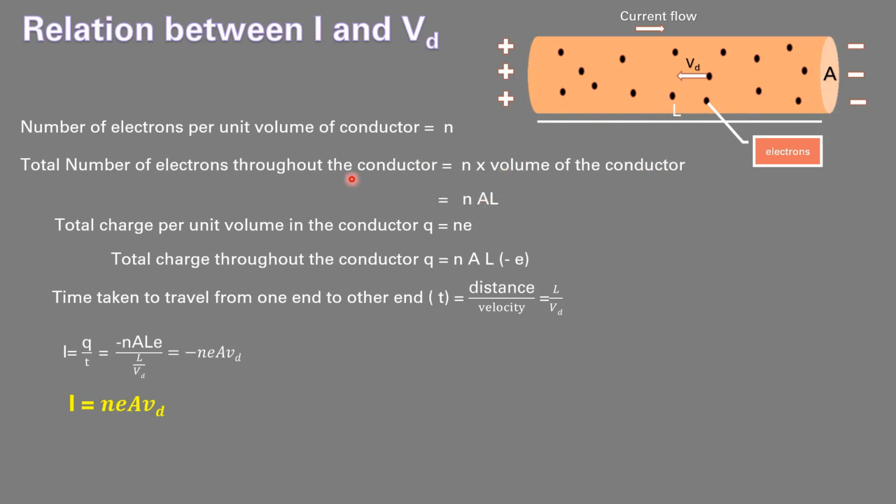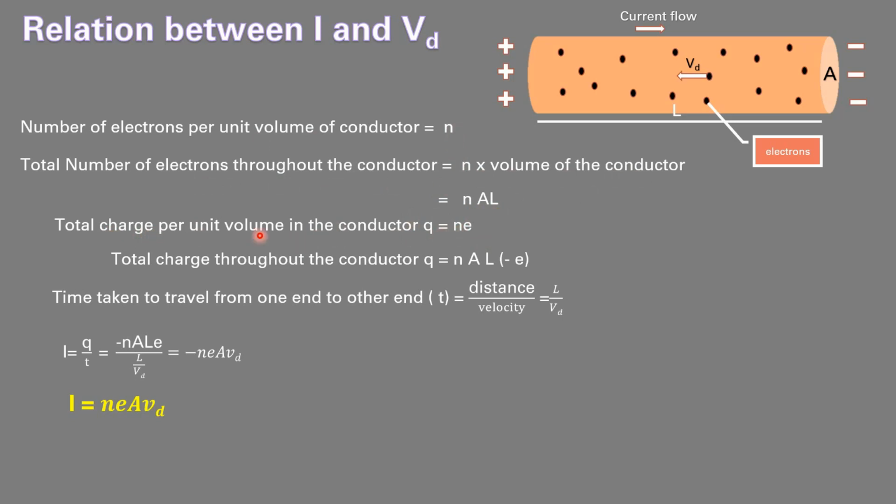If there are n electrons in unit volume, then throughout the conductor the total number of electrons will be n multiplied with the volume of the conductor. So we get nAL. Also we have studied about charge. The charge is represented by Q = Ne. This is the quantization formula.